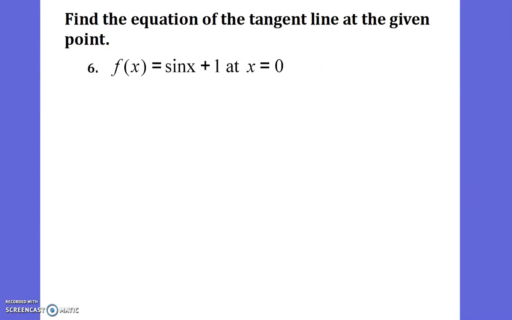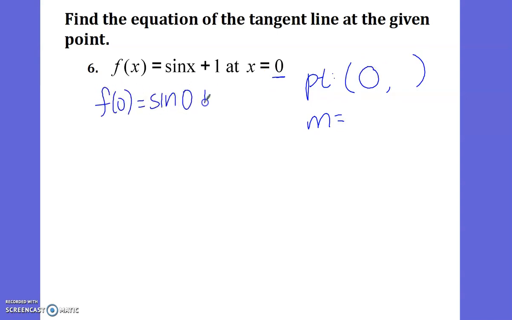Let's try another one. Same thing, finding the equation of the tangent line. Again, we need a point and we need the slope. This is the x value of the point. To find the y value, I plug it into the original. We just found sine of 0. That's 0 plus 1, which equals 1. There's our point on f(x). To find the slope, I have to do the derivative.